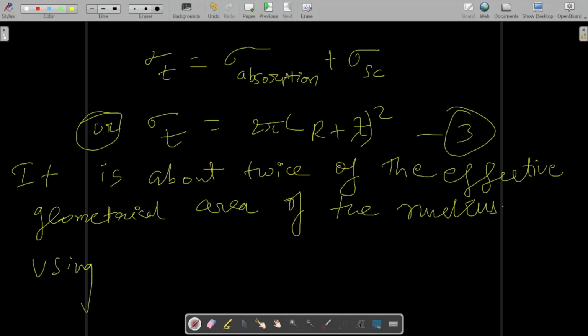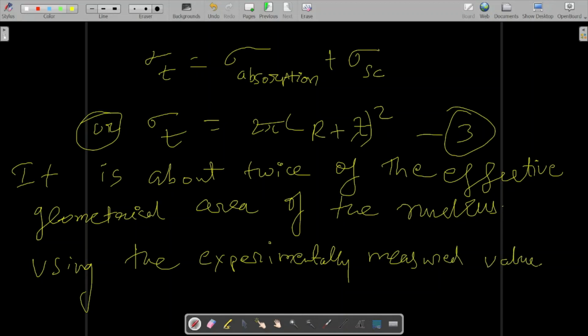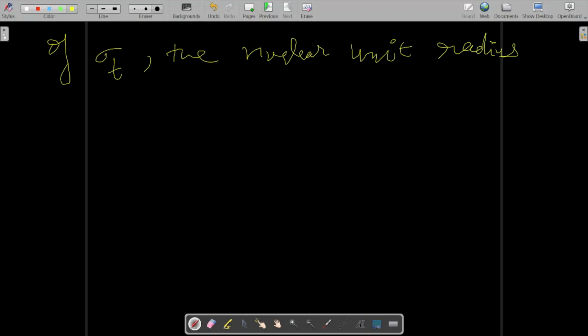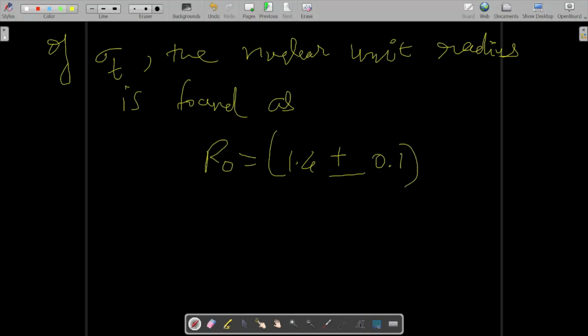Using the experimentally measured value of sigma t, the nuclear unit radius is found as r naught is equal to 1.4 plus or minus 0.1 femtometer.